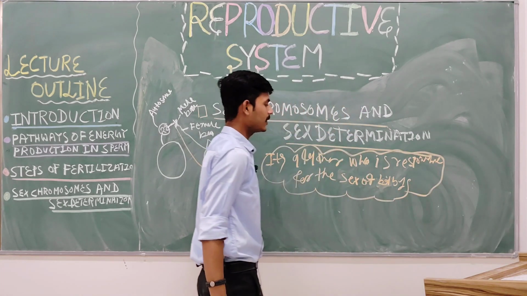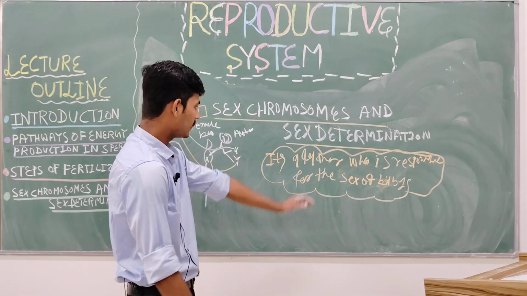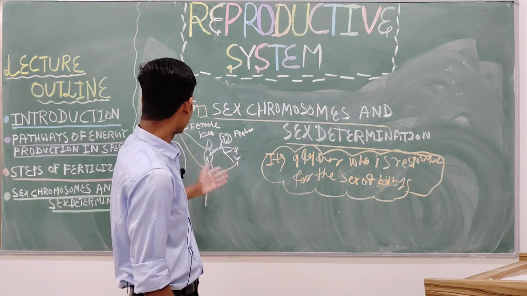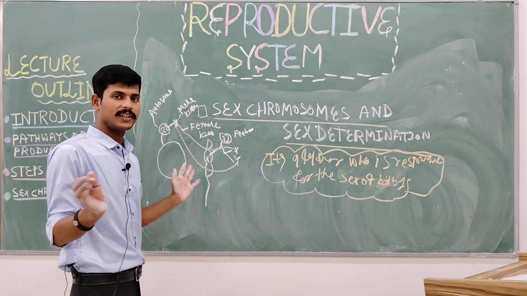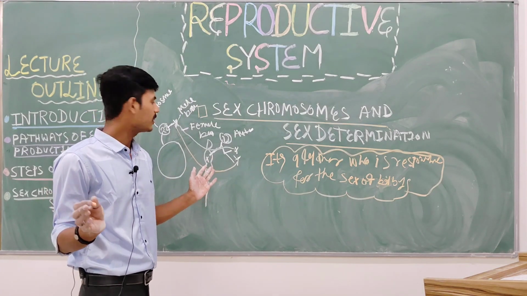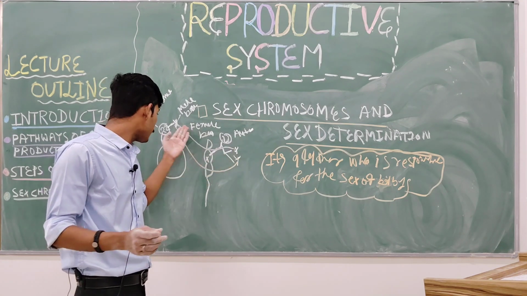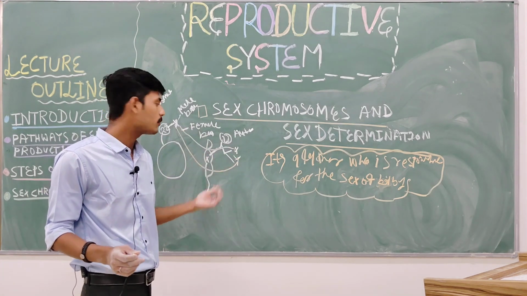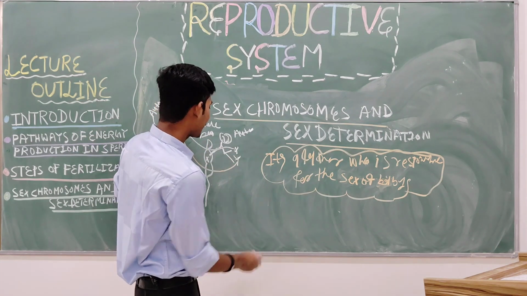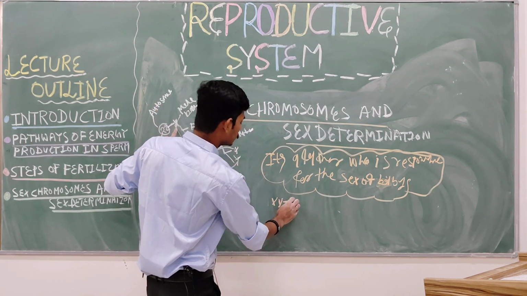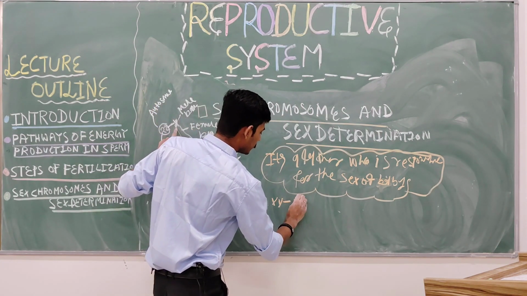But generally in society the females are blamed. If we see the biological perspective, the ovum is ready, and it has only the X chromosome. Now it's the choice of the sperm whether it will fertilize the egg with its X or Y chromosome. If it fertilizes with X, then XX constitutes the female baby.